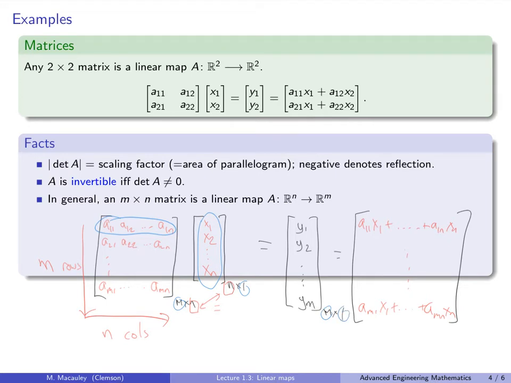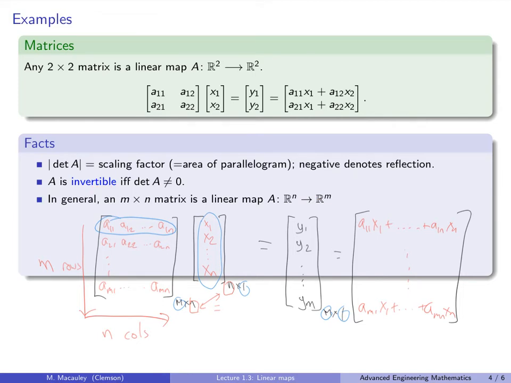So again, I can't really visualize this because we can't view n or m-dimensional space, but algebraically, this linear map can be thought of as a black box that inputs this n-dimensional vector and outputs an m-dimensional vector. Now, unless n and m are equal, you can't speak of things like determinants or invertibility.